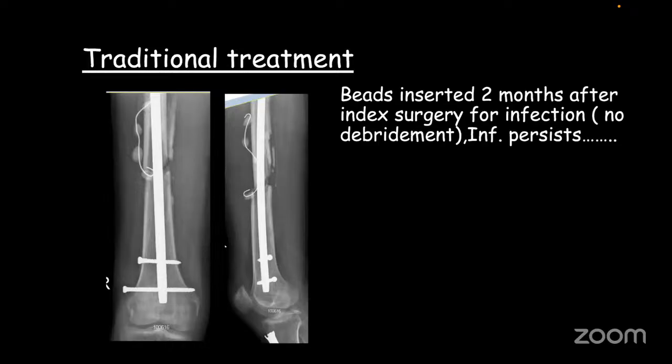The traditional treatment, this was about 4 or 5 decades back, used beads on a thin guide wire around the infected area, and then serial debridement was done. But the infection persisted in spite of adding the beads, and at that time only gentamicin beads were available.